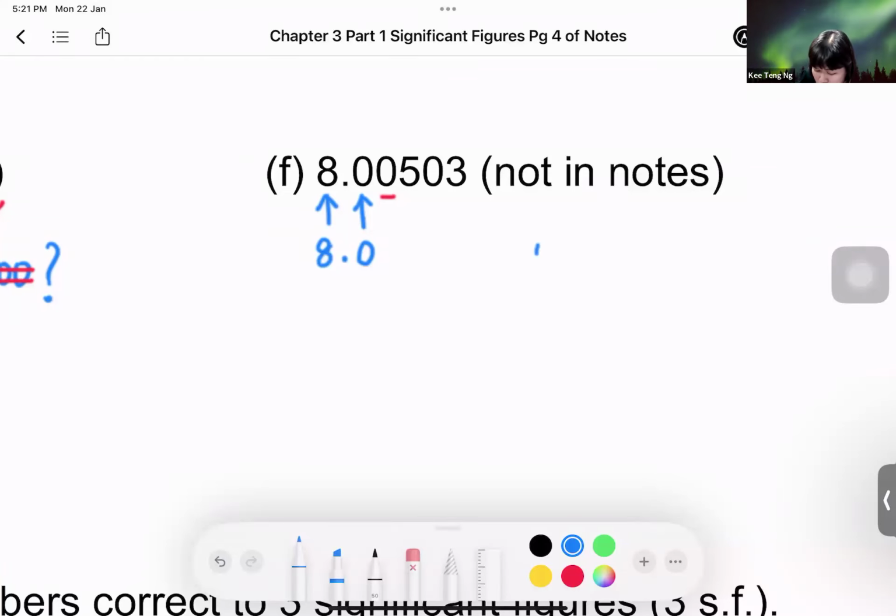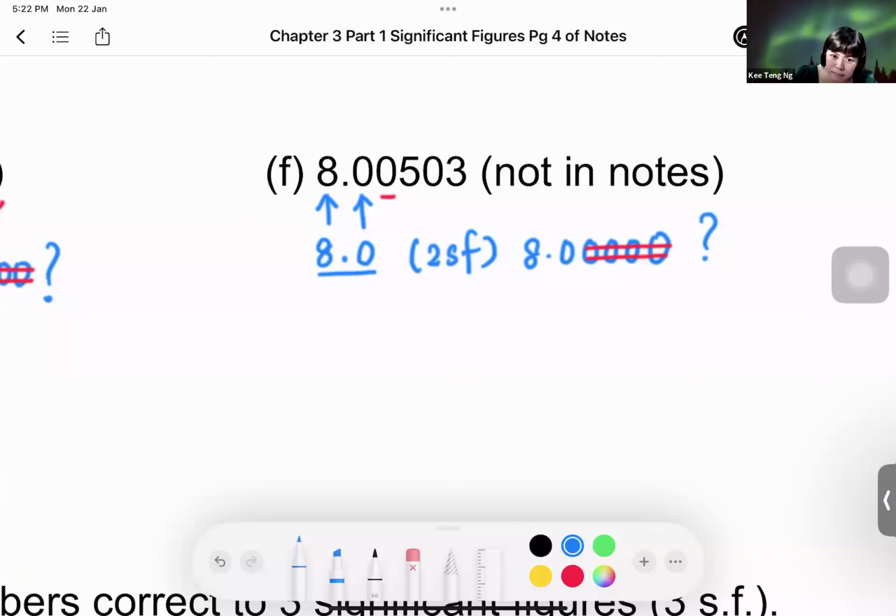Question, do I need to write 8.00000? Question only asks me for two significant figures, right? So all these extra zeros at the back are unnecessary. So I just take 8.0 as my answer, and this will be correct. Have you gotten the concept? Right? Let's try a few more questions.